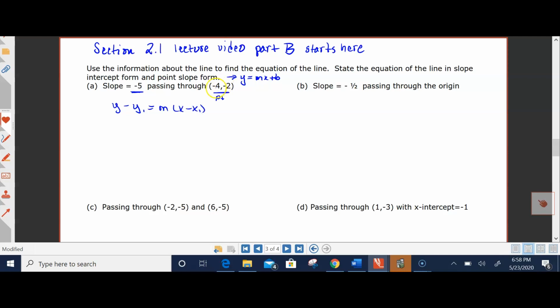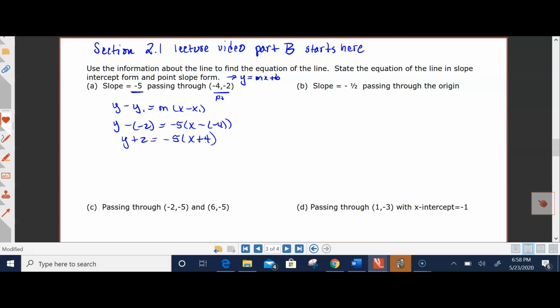That point is my x1, y1, and that slope is going to go in place for m. So I'll have y minus a -2 equal to my slope times x minus a -4. So really I end up with y plus 2 equal -5 times x plus 4.